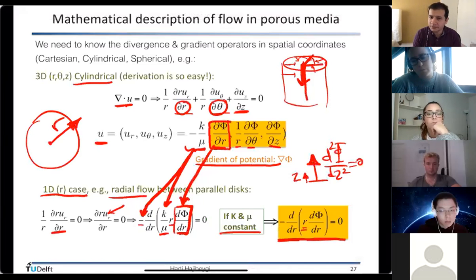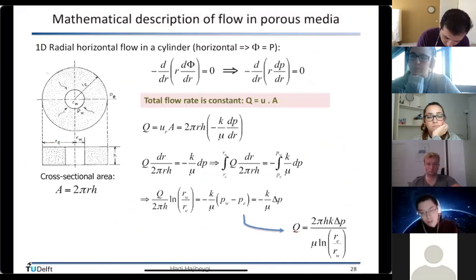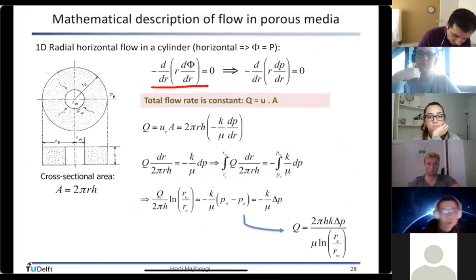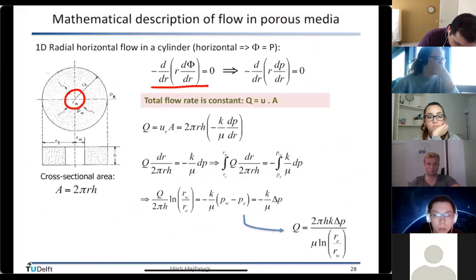Now, if you solve this problem, this is a flow around wells, which can be seen as a steady state flow, and it is in 1D radial only. If you solve this equation, you will get that function. So you have that equation. And if you assume that that is your well bore with radius RW, and this is your R coordinate, and you have horizontal flow.